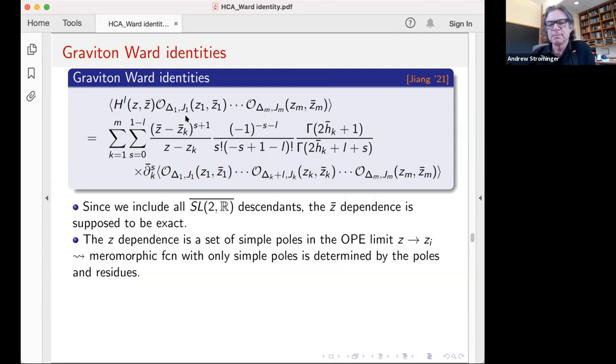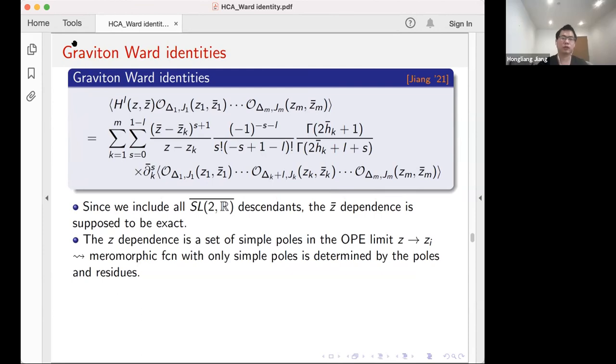That's Weinberg's claim, that these identities are exact in matrix elements. Okay. Maybe we need to first assume that these are indeed local operators. If you assume this, then this meromorphic function has only single poles, and it's a known fact that it is uniquely determined by these poles and residues. The right-hand side just has the expected behavior, so this formula indeed gives the graviton Ward identity.